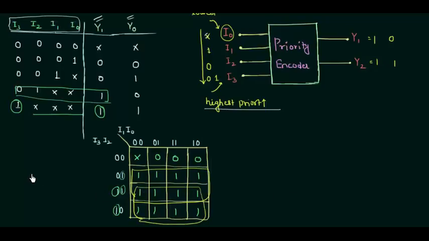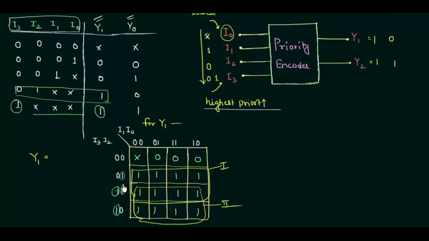Fine, let's write the minimized function. This is for Y1. So Y1 is equal to what? Let's see for this first group of ones, and this is our second group of 1. For the first group we are having simply I2, because I1 and I0 are changing from 0 to 1 and I3 is also changing from 0 to 1.